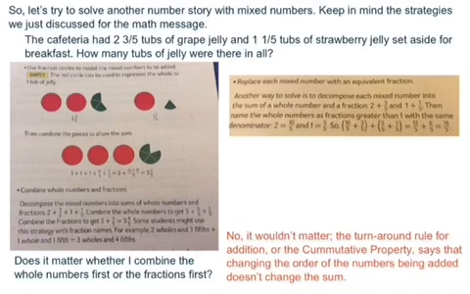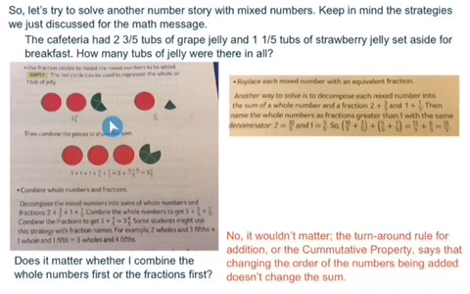So here are some strategies you might have used. If I did the fraction circle model, the mixed numbers are going to be added. So the red circle could be used again to represent the whole. So here's my 2 3/5, 3 out of 5 pieces, 3/5. And here's my 1 1/5.